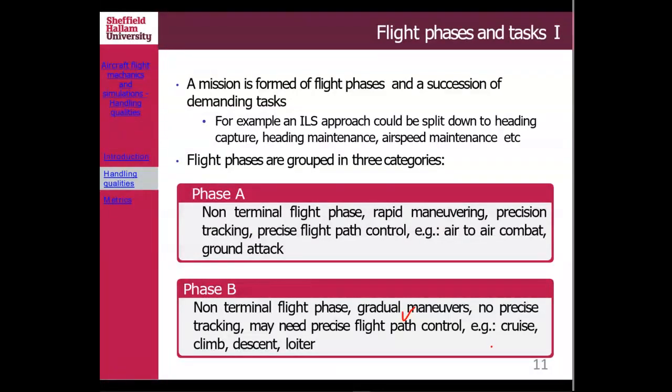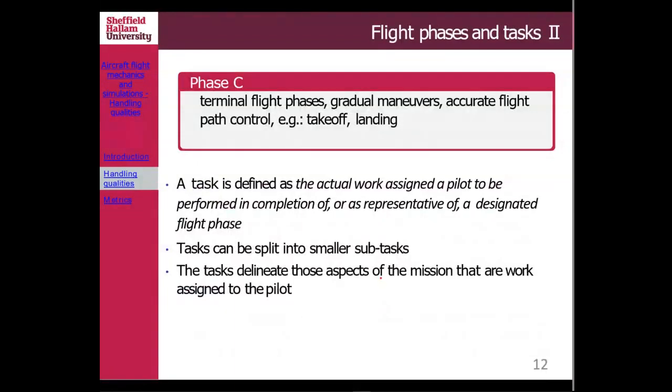But in modern aircraft, the aircraft is always using an autopilot system to keep the aircraft at level altitude, to do the climb, descents, and also turning, loitering, holding pattern. Of course, there is phase C, which is related to takeoff and landing. So a task is defined as the actual work assigned to a pilot.